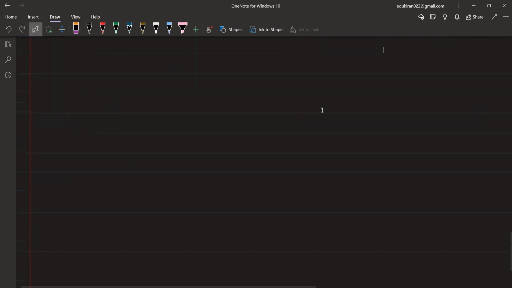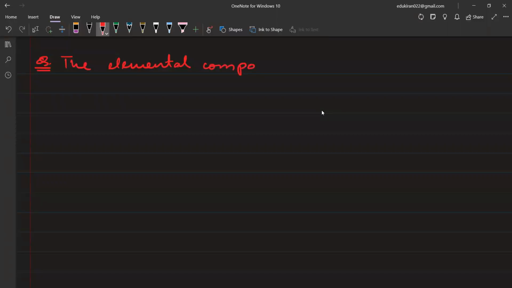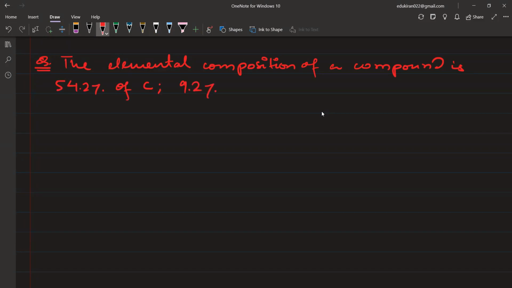All right, next question. The elemental composition of a compound is 54.2% of carbon, 9.2% of hydrogen, and 36.6% of oxygen.